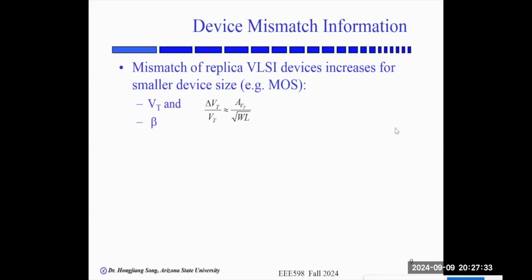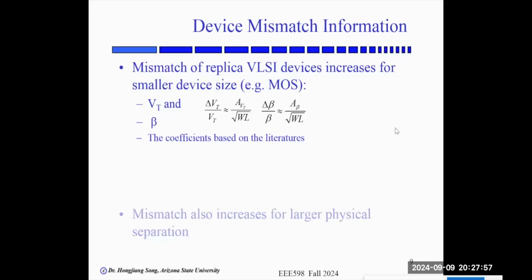Here, the weighted standard deviation will be inversely proportional to the square root of the total area, W of A. Both are for VT and mobility. Of course, the coefficient of A depends on the technology.